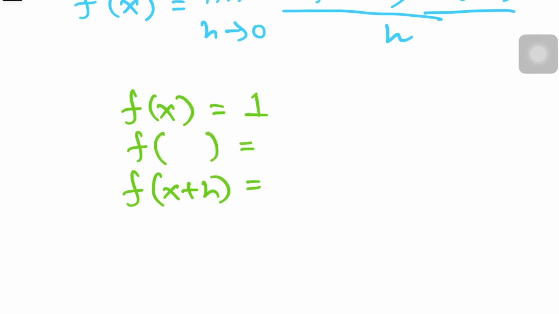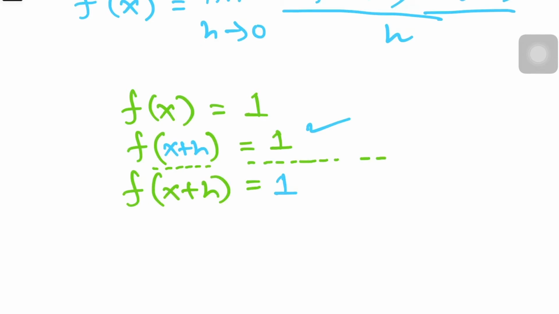I'm just going to replace all the x with a placeholder. Since I don't have any x term here, I won't be using a placeholder like this. So the story is, if f of x is equal to 1, f of x plus h is also going to be equal to 1. So that's just 1.